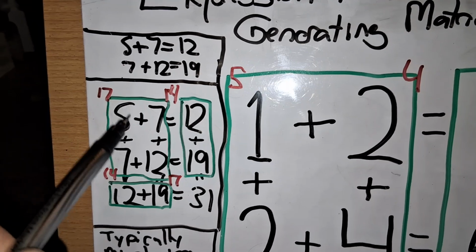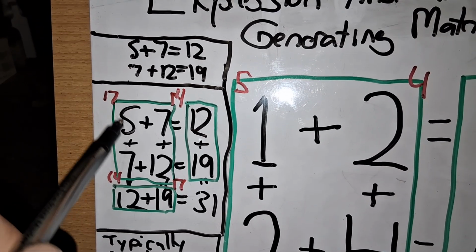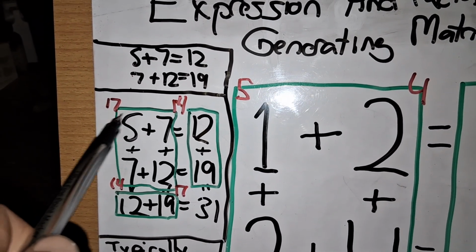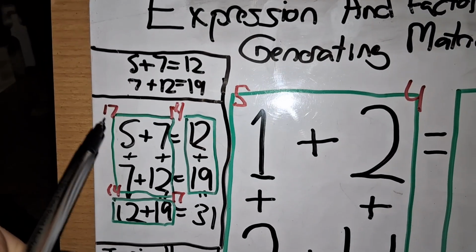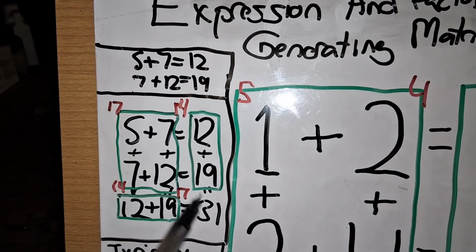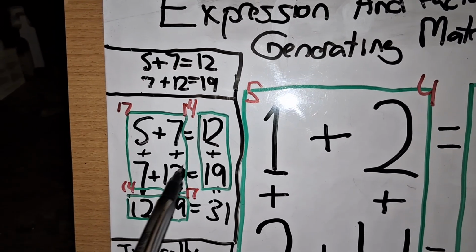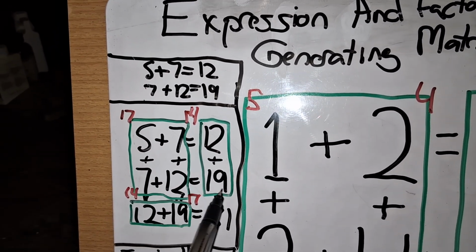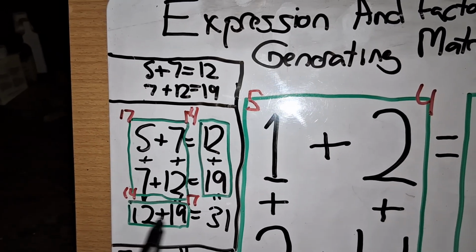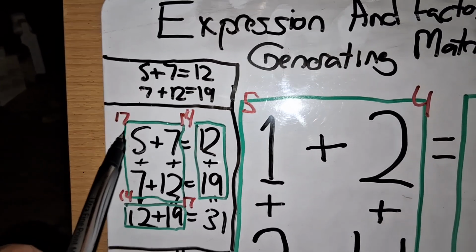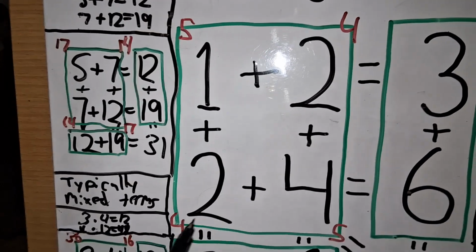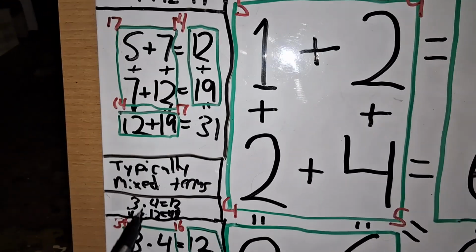These right here are not always the same expression. 17 and 14 is 31. If you follow this line, 5 plus 7 is 12. 7 plus 12 is 19. 12 plus 19 is 31. They don't always follow the same thing.